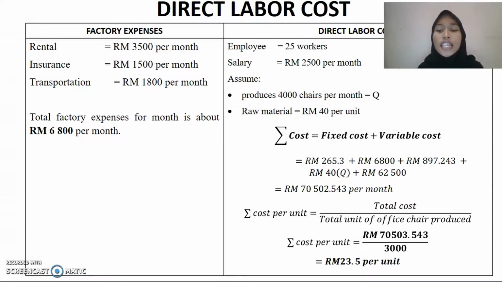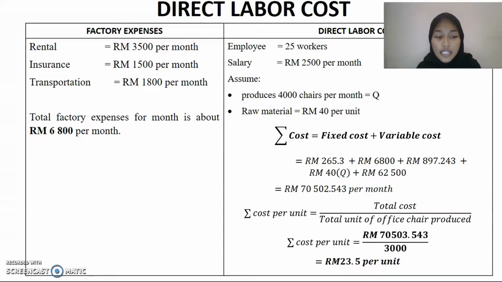So the cost to manufacture the chair is fixed cost plus variable cost. The fixed cost is 265.3 plus 6,800 plus 897.24, plus 40 ringgit for one chair times 4,000 chairs, which we assume to produce, plus 62,500.